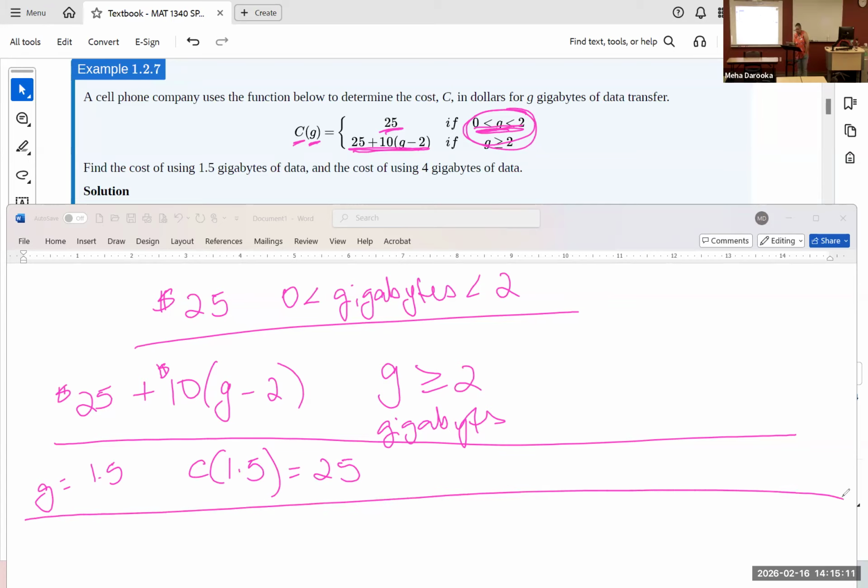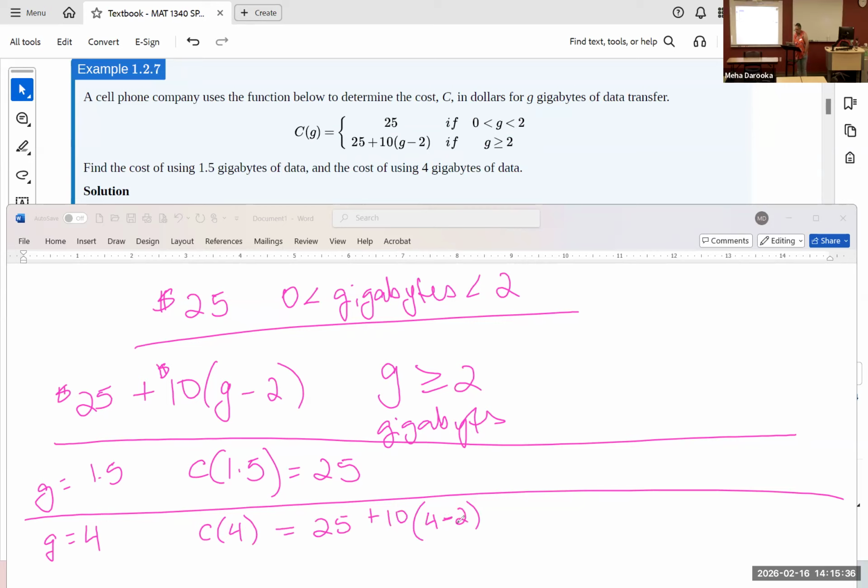However, if you are using 4 gigabytes, which is the next part of the question, then obviously that means we're going to the second part of our formula here. So for 4, you will be using 25 plus 10 times G minus 2. Our G is 4.